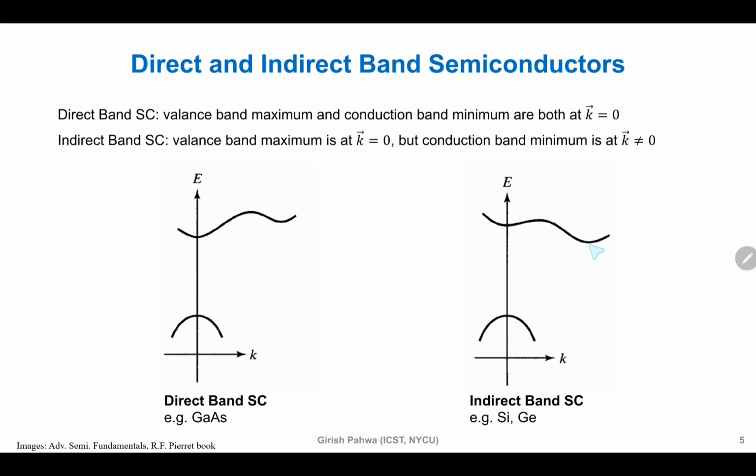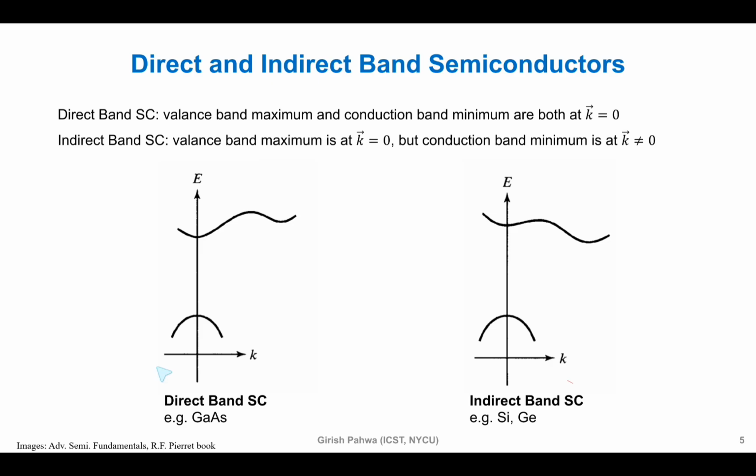This is the least energy possible in the conduction band. So this will be my conduction band edge, EC, and this is EV, but they are not at the same k. So this is at a higher k. Such a semiconductor is called an indirect band semiconductor, and the examples are silicon and germanium. If you remember their E-k diagrams, they were not at k equal to 0.